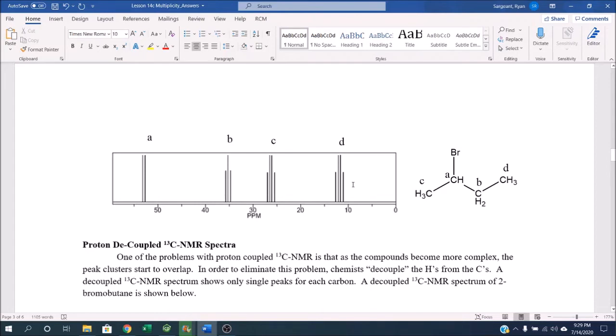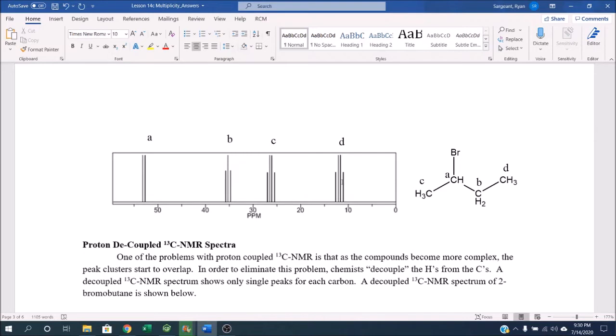Also, if you have a compound with lots of carbons, which is really common in an organic chemical experiment, then these peak clusters actually start to overlap with each other. So I chose some examples where there's a lot of space between D and C and B and A, so you can see them all clearly. But imagine that this was a different molecule and C and D were sitting directly on top of each other. Imagine that you're holding up your hand so that it throws a shadow on the wall, and then you hold your other hand a foot away from your first hand, and you actually should be able to see both shadows simultaneously.